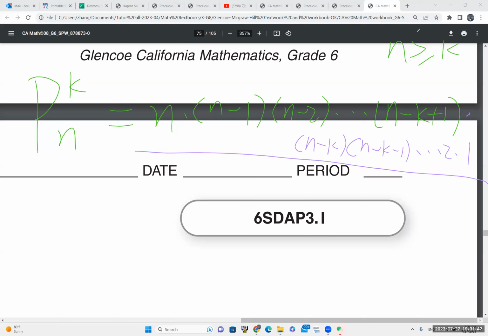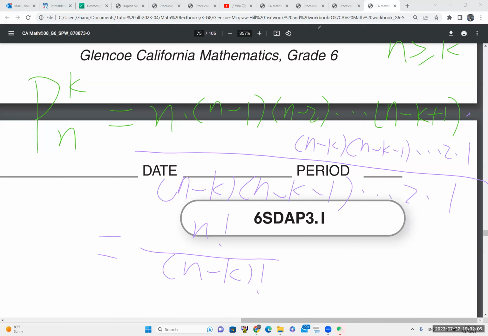Then for the bottom, you need to divide this: n minus k minus 1 till go to 2, go to 1. So this is n factorial. The bottom is n minus k factorial, right?